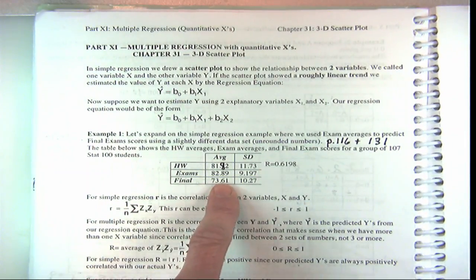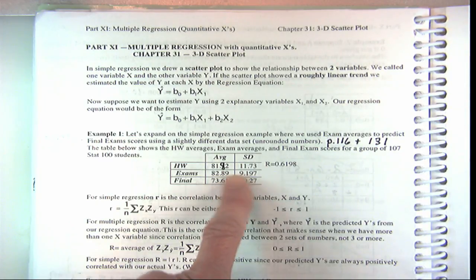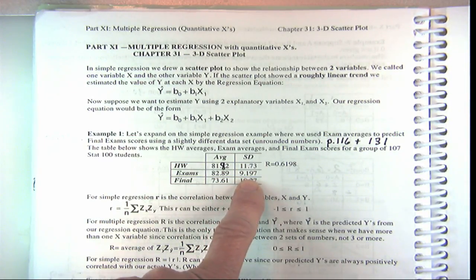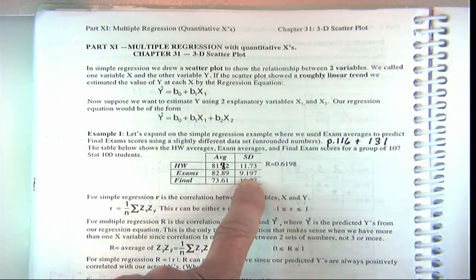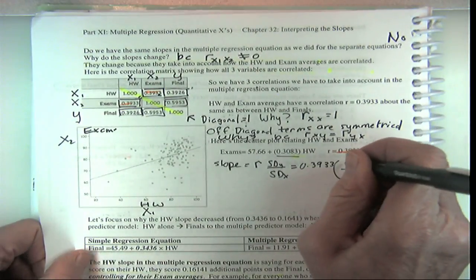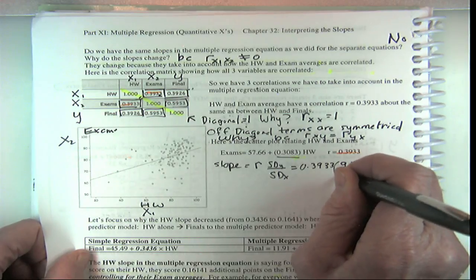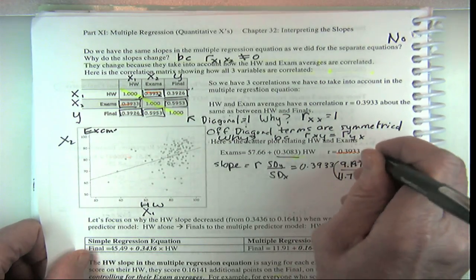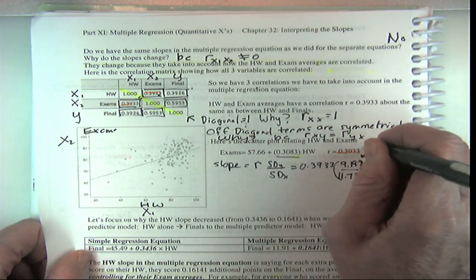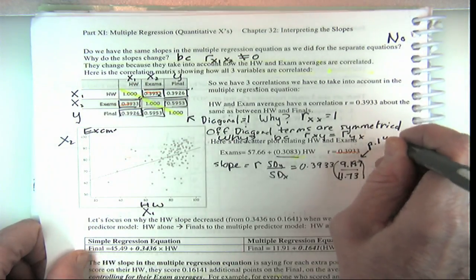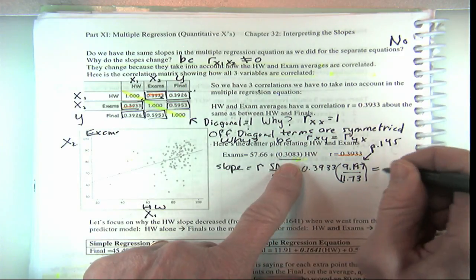So we're predicting exams, so exams would be Y on top. So this would be 9.29197 over 11.73, and that's from page 145. And that's how this slope right here was gotten.